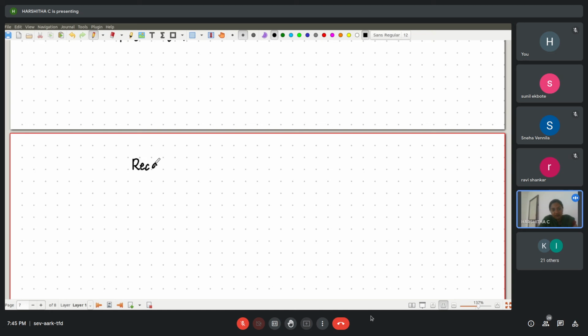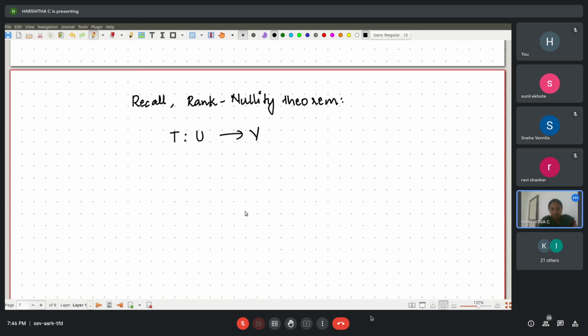You just recall rank nullity theorem. So what does it say? If you have a map from some vector space U to another vector space V, and assume that U is finite dimensional.